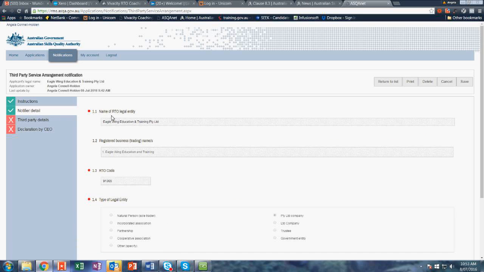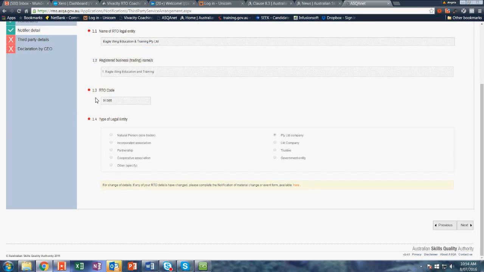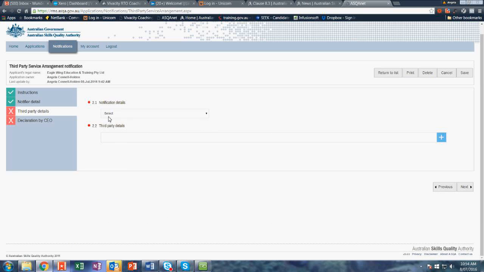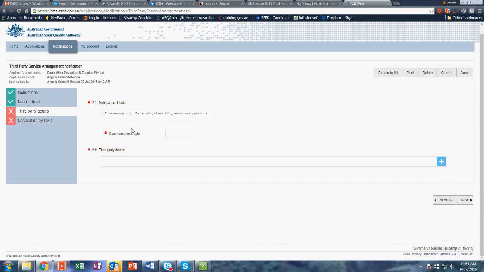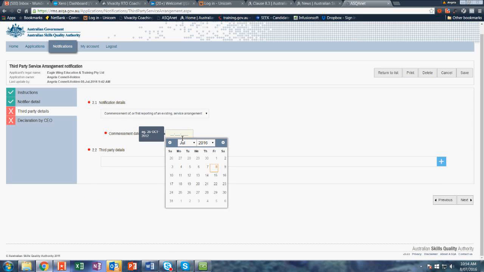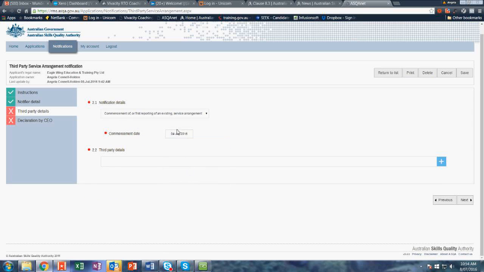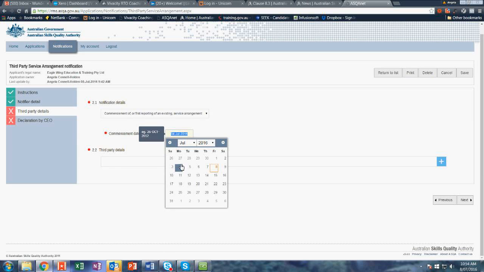Then you go to the next page, and your legal entity will come up here, your registered training name, and your RTO code as well. Then you need to put in whether you're notifying them of a commencement or a cessation, and what the commencement date is. If it's within 30 days, you can backdate it, but only up to 30 days.